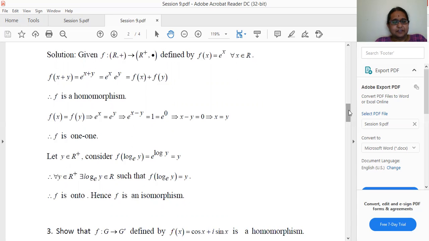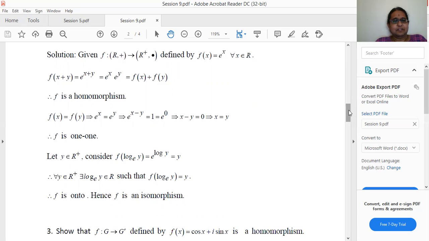So let y belong to R plus. Consider f of log y to base e, that is equal to e power log y. Exponential and logarithm are inverse functions. So e power log y is nothing but y.